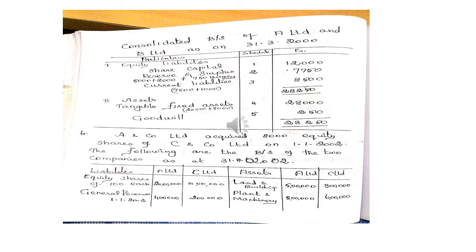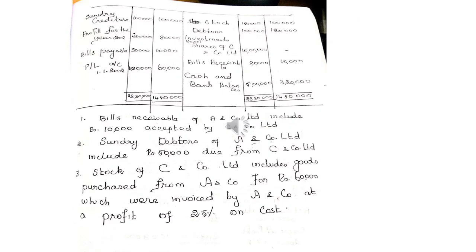Equity shares, general reserve, land and building, plant and machinery are given in the problem. Sundry creditors, profit for the year 2002, bills payable, profit and loss account as on 1/1/2002. These are the liability side. Stock, debtors, investment, bills receivable, cash and bank balance are on the asset side.